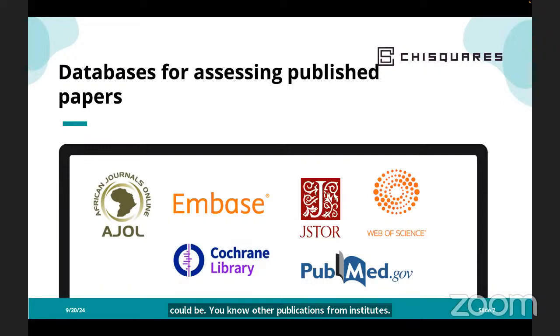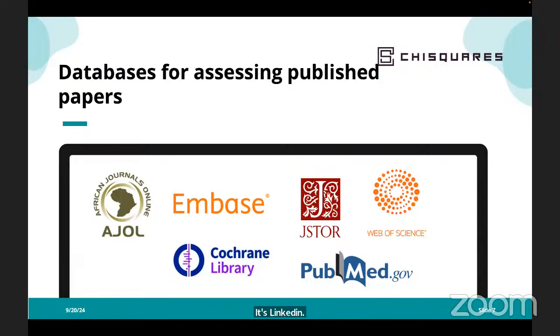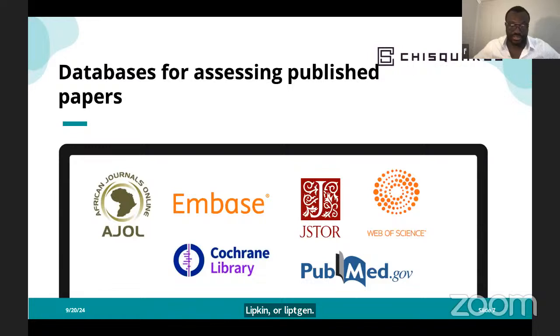Is LibGen a database? LibGen or LibGen? It depends on the social sciences or which field you are in. So you have to search. The fact that you have a collection of papers doesn't mean it's a recognized database.